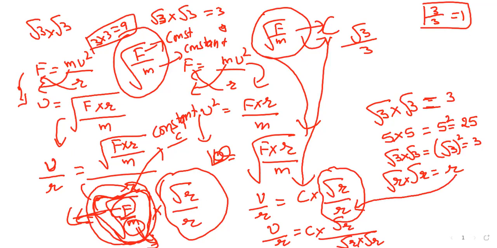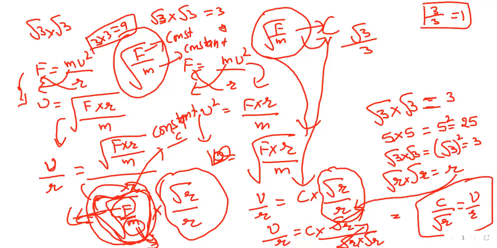So this square root of r in numerator and denominator, it's going to get cancelled. Mm-hmm. So we are going to be left with c upon square root of r equals to v upon r. That's what we need to find. So V over R is what we're looking for. Yeah, exactly. That's what they're asking, right?